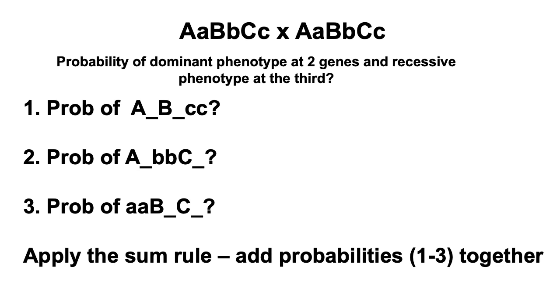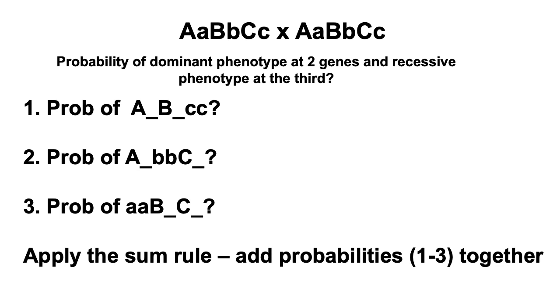Then, after we've calculated the individual probabilities of each of these possibilities, we would add those probabilities together, or in other words, apply the sum rule. What the sum rule is about is that the probability of mutually exclusive events is the sum of the independent probabilities.